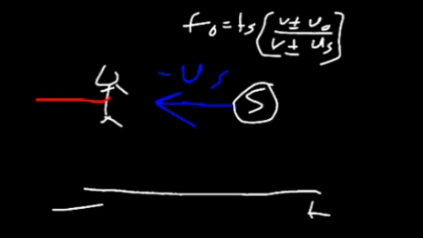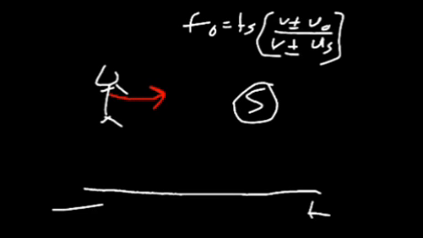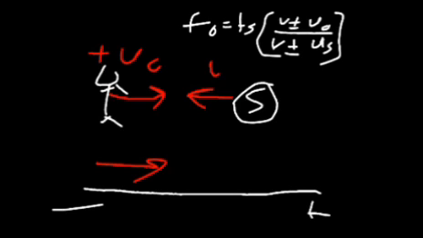There are some cases in which the question will tell you that the source and the observer are moving towards each other. So it means that UO will be positive because it's moving towards the positive x-axis, and then US will be what?